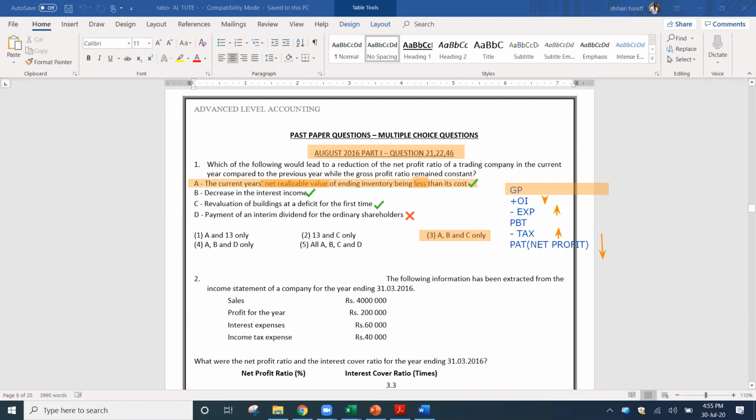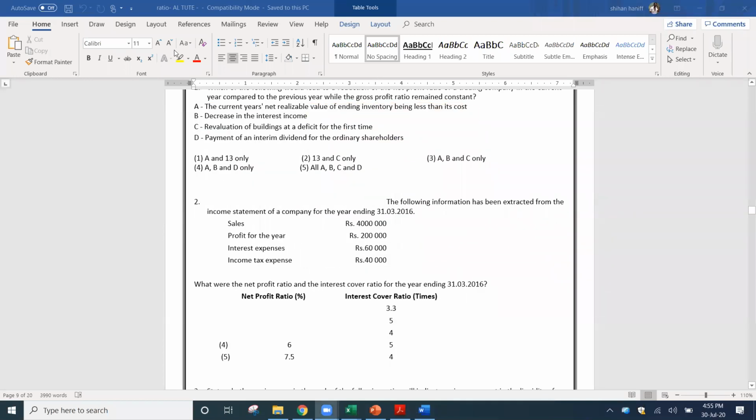In the next question, the following information has been extracted from the income statement of a company. Okay, so we have sales, profit, interest expense, income tax expense.